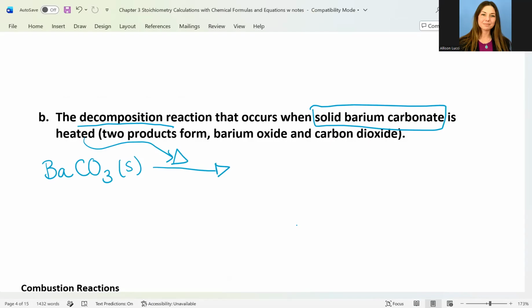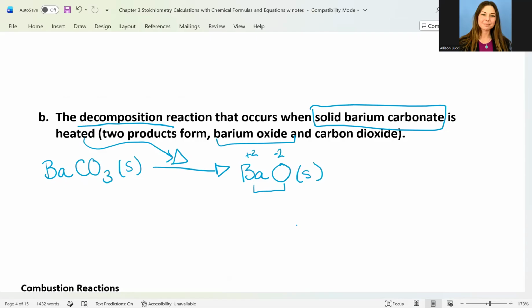By adding heat, we get 2 products. So we get barium oxide. Now I know Ba is a +2. We'll keep that up top just to remind us. Oxygen as oxide is a -2. So when they crisscross, we get that 1-to-1 ratio again, as we did with the barium carbonate. So this is the correct formula for that solid, barium oxide.